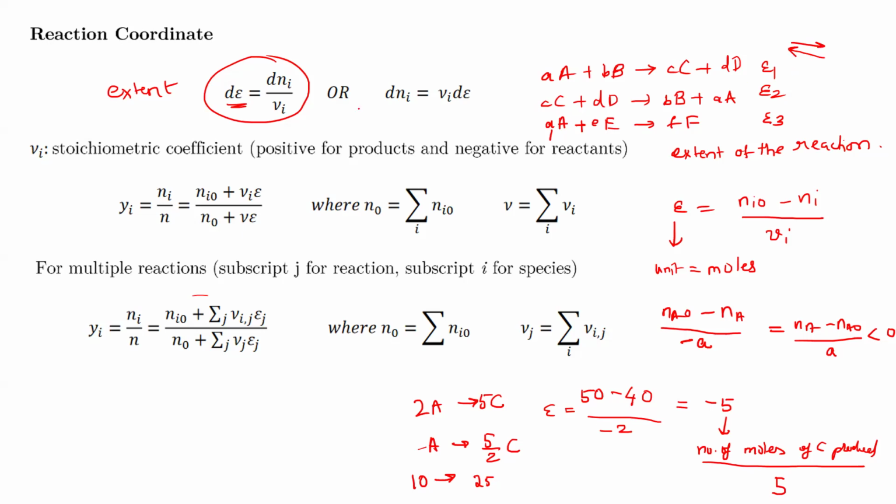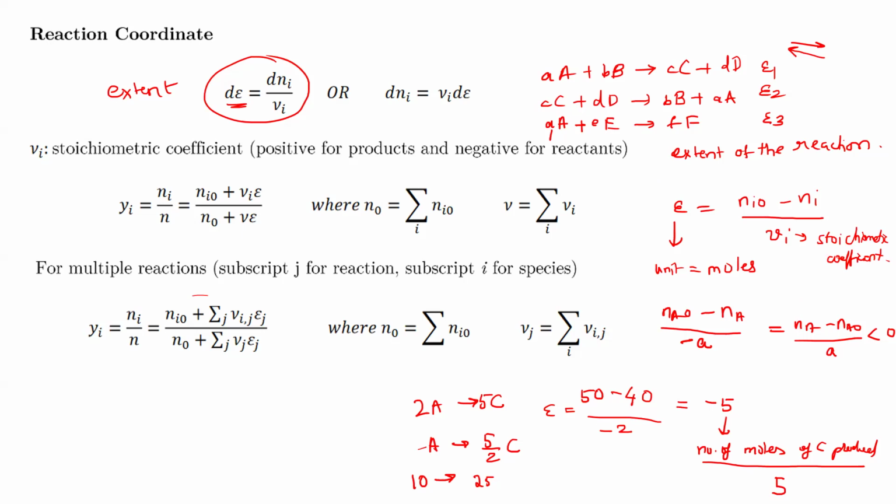Then how do we define the extent of the reaction? Generally we define extent in terms of how many moles of some reactant have reacted. Epsilon is equal to Ni naught minus Ni by nu i, where nu i is the stoichiometric coefficient.